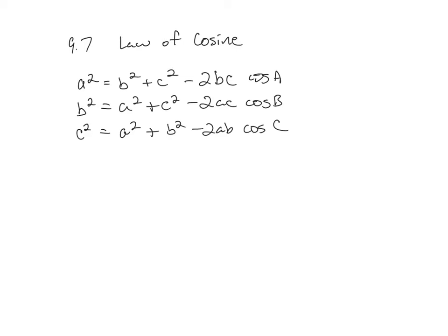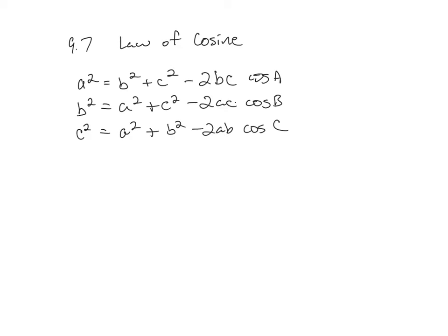The bc here is the same as what's on the right side of the equal sign: b squared and c squared, so bc goes there. a squared and c squared, so ac goes there. a squared and b squared, so ab goes there. And then it's cosine of the very beginning, cosine of A, cosine of B, or cosine of C.